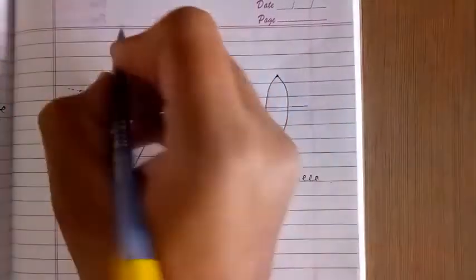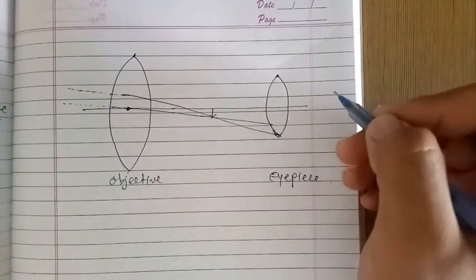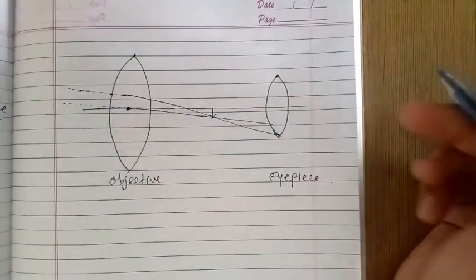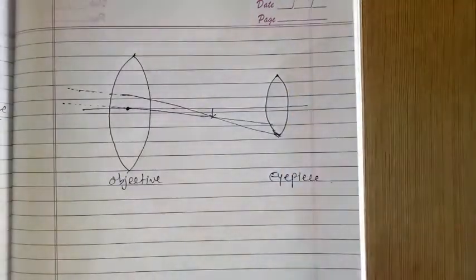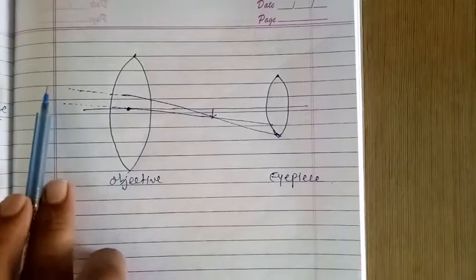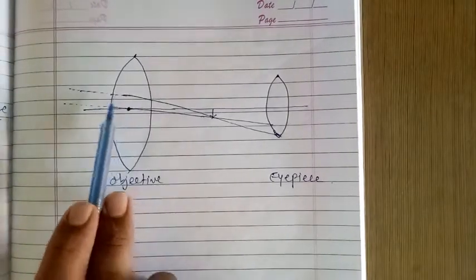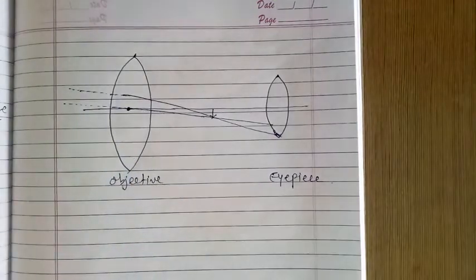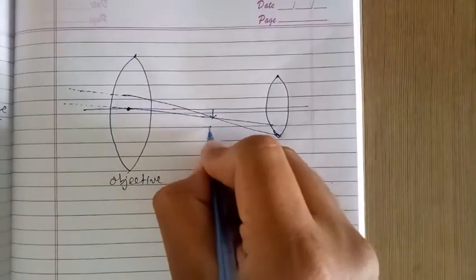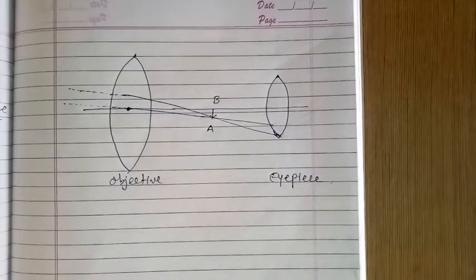Here the diameter of the objective is greater than the diameter of the eyepiece. The parallel rays from the object pass through the objective and give an image, right? So this is the image of the object AB.